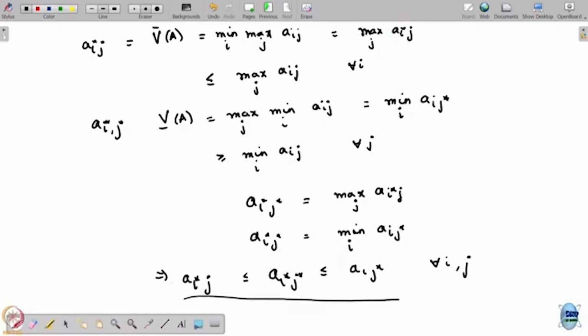Is this clear? So I just showed that V upper bar, V lower bar are both equal to A i star j star, and because they are themselves equal to max over j A i star j and min over i A i j star, that then gives me this inequality. Okay, which means that i star j star is a saddle point.